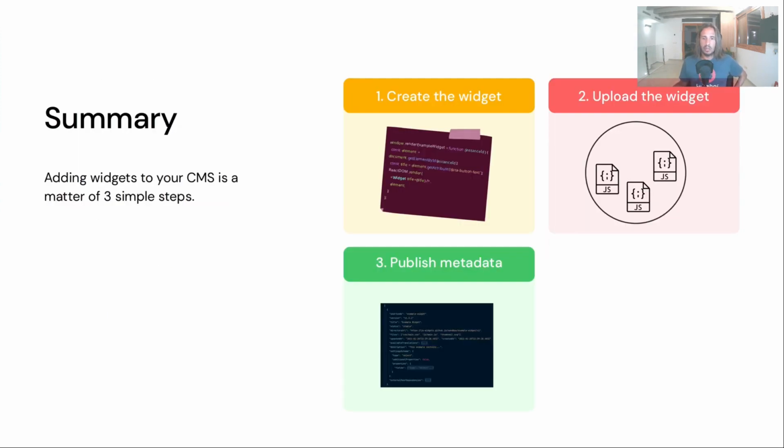So in summary, we did 3 steps, very easy. We created the widget, we upload the widget. That's barely a step. And then you publish the metadata. So you write some information about it and you say, these are the files that this widget is comprised of.